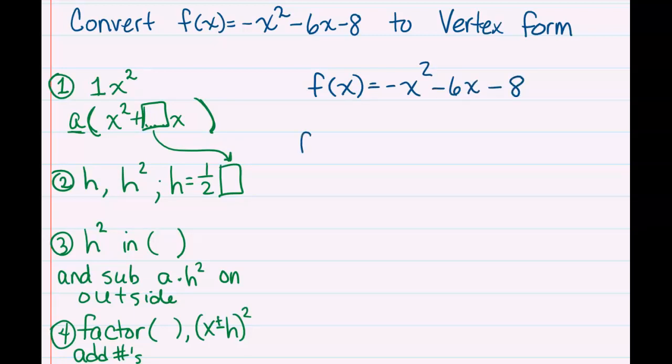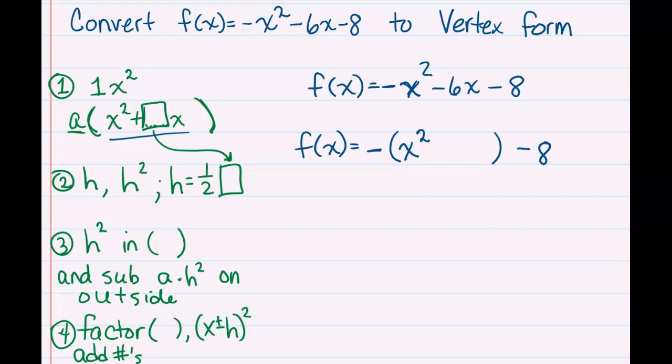So the first thing I'm going to do is I am going to get the coefficient of x squared, which in this case is negative 1, and I'm going to put it on the outside. And I'm going to have x squared here, and I'm going to have minus 8 on the outside. Because remember, we only want x squared and x inside of our parentheses.